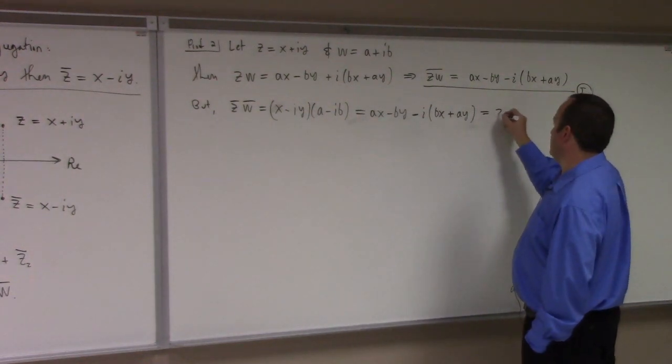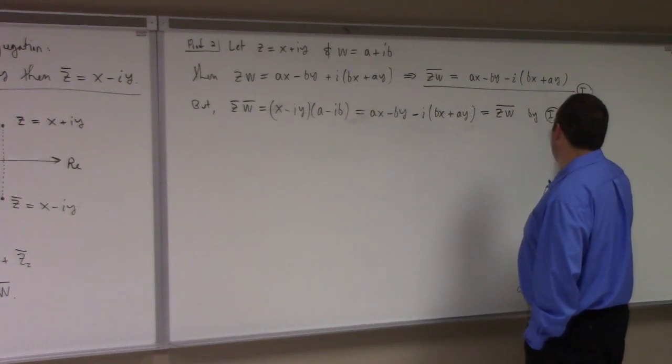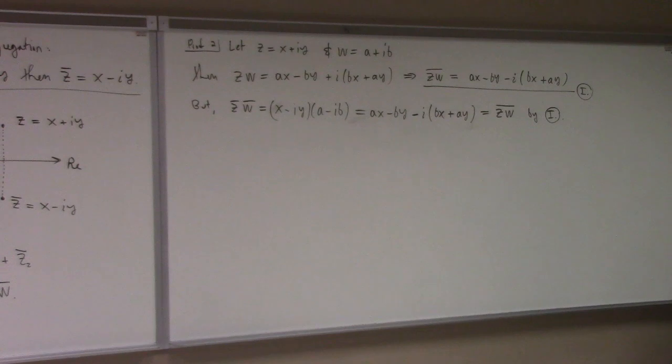Which is equal to the conjugate of zw by 1, right? So what does it show us? It shows us that the product of the complex conjugates is the conjugate of the product. This is the multiplicative property of complex conjugation, all right? Very nice property.